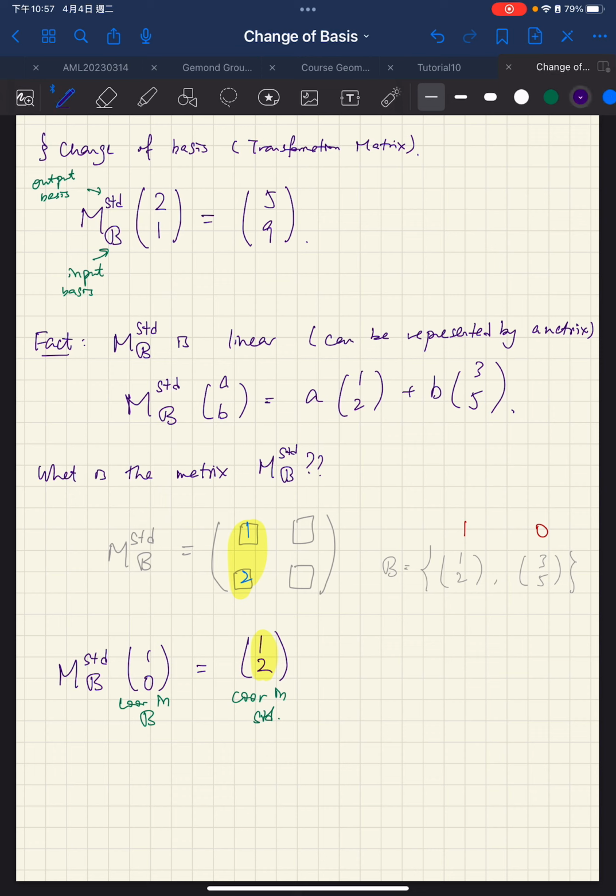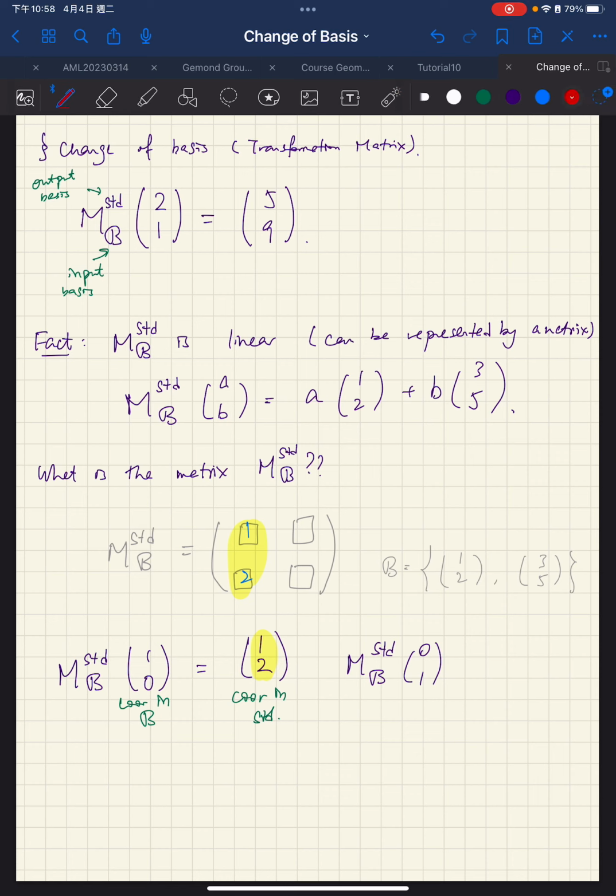So in our mind, we should input this 1, 2 here. Now we want to find the M STD B of 0, 1. So let's pronounce it again. What it is, is the transformation matrix from the B basis to the standard basis. So it's transforming a coordinate in B to a coordinate in standard. What does the coordinate 0, 1 in B mean?